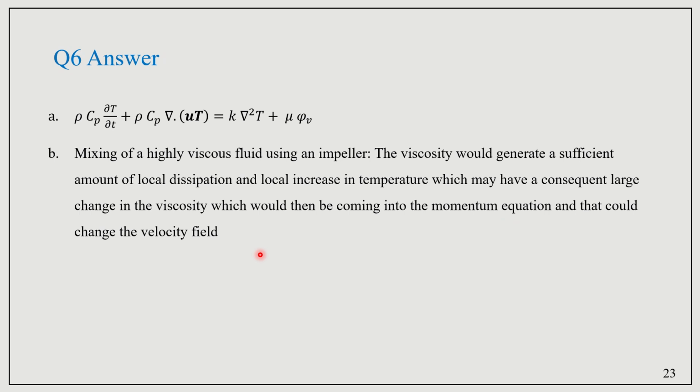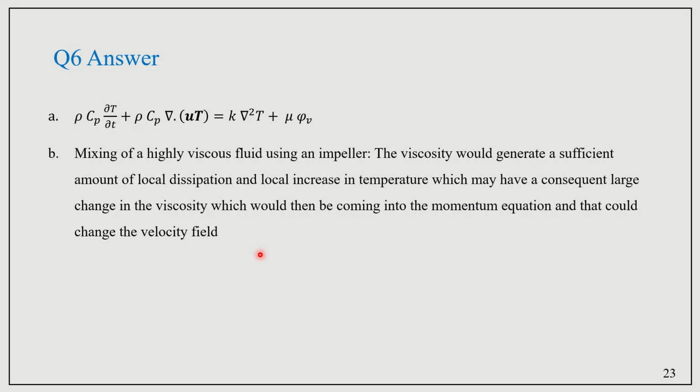So what we are trying to say is that in inviscid flow systems we are neglecting the viscous dissipation term. When we are considering highly viscous systems, the viscosity alone would generate local dissipation and a local increase in temperature, and because of that velocity will change, and that change in velocity would again influence the momentum equations.